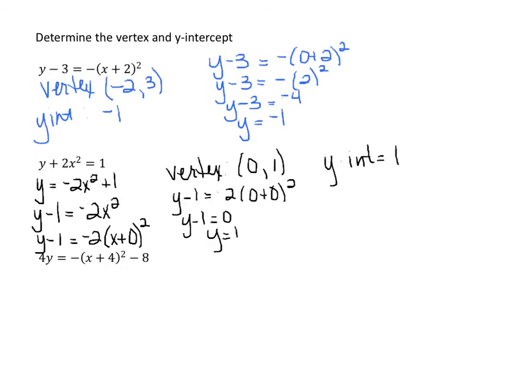Take a look at this last one. Again, I need to put this into vertex form. So the first thing that I want to do is move this 8. Then I actually need this coefficient of y to be 1, so I need to factor out that 4.